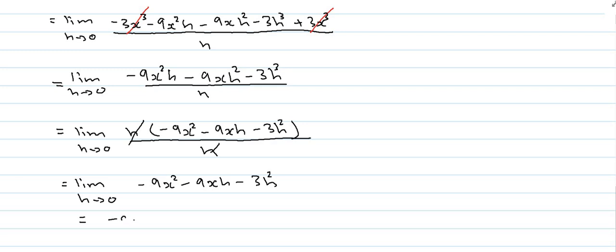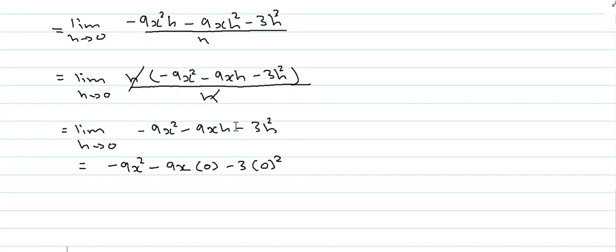This becomes negative 9x squared minus 9x, where I see h I substitute 0, minus 3, where I see h I substitute 0, 0 squared. Therefore, after I substituted 0, this becomes 0, 0. F prime of x will be given by negative 9x squared.